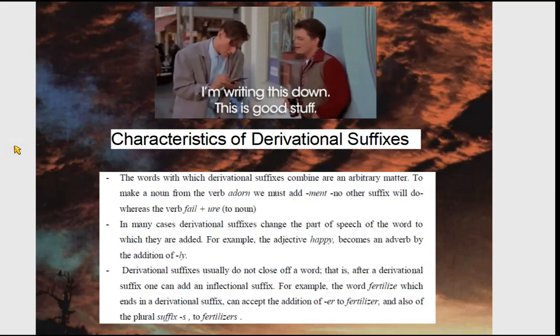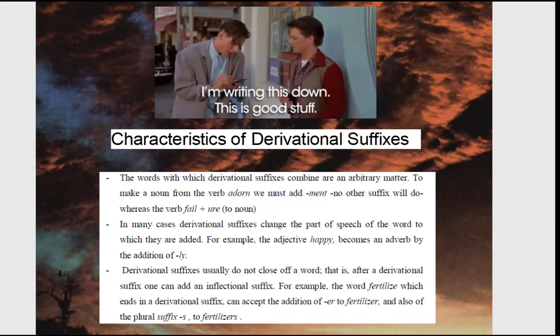So, characteristics of derivational suffixes. They combine with an arbitrary matter. I mean, it doesn't matter. If we have the verb adorn, we must add the suffix -ment to have the word adornment. We cannot use another suffix with the verb adorn and have the same result.